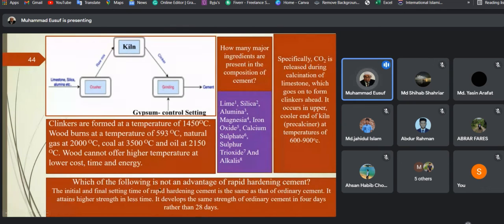Okay, which of the following is not an advantage of rapid hardening cement? The initial and final setting time of rapid hardening cement is the same as that of the ordinary cement. It attains higher strength in less time. It develops the same strength of ordinary cement in 4 days rather than 28 days.